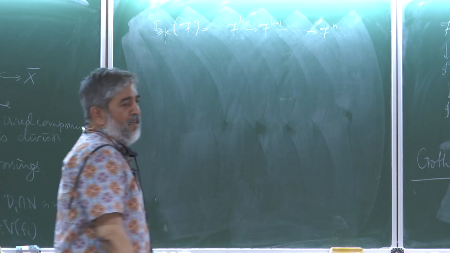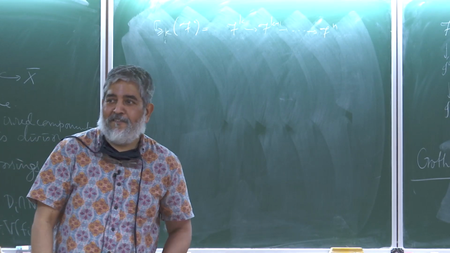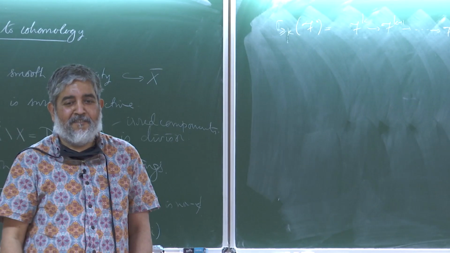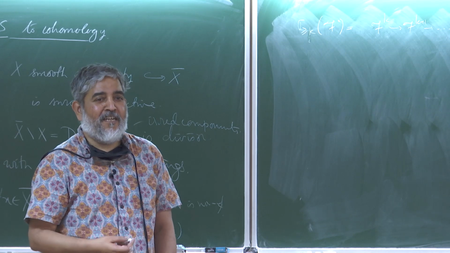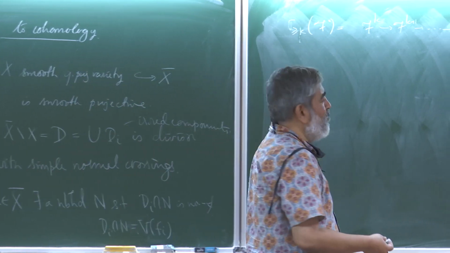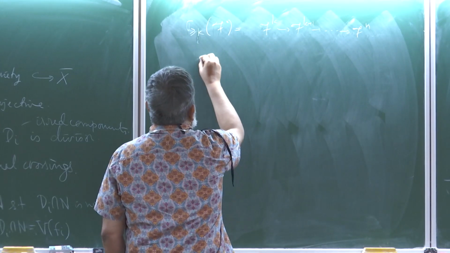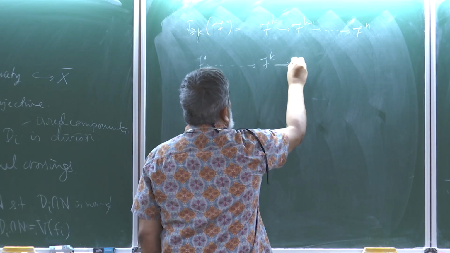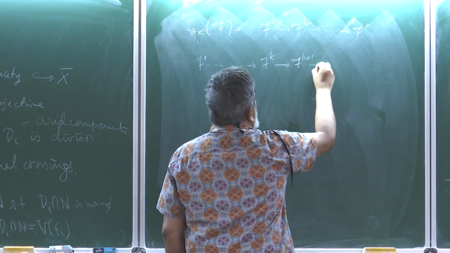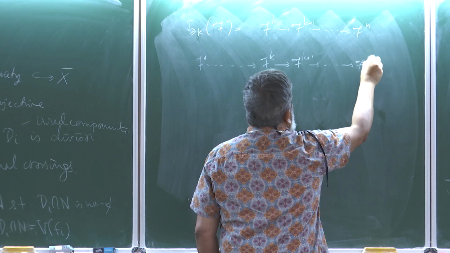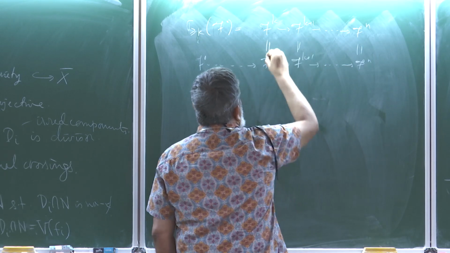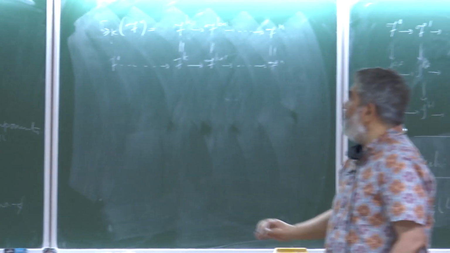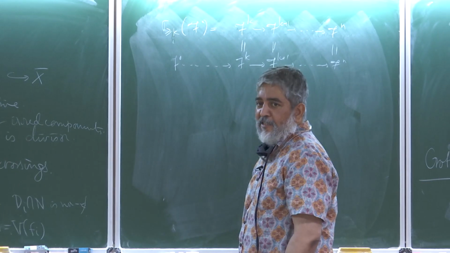Is there a map between this complex and the original complex? The diagram of differentials has to commute, right? That's all you need for a map of complexes. So if I put F^0, F^k here, does this diagram commute? It commutes, right? So there is a map from this complex to this complex.